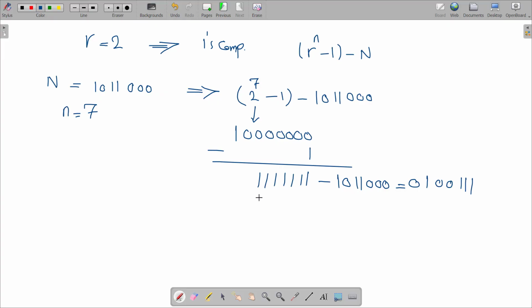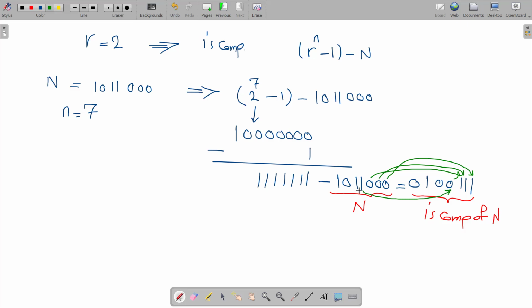If you write this under the original number, this is my original number n, and this is the ones complement of n. Now, if you look at these two numbers, you can see that all of the zeros are converted to 1 and all of the ones are converted to 0.